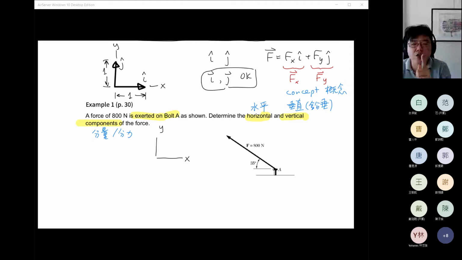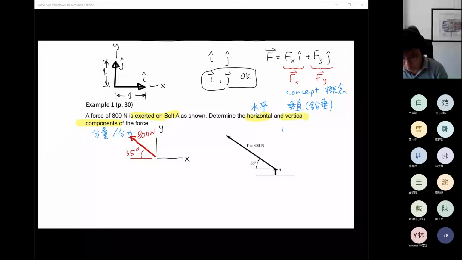Remember, if you use I and j, you stick to x is towards the right and y is going upwards. And we have this 800 newtons going here. And in the example you are given this 35 degrees.